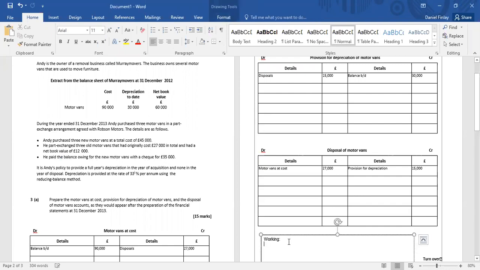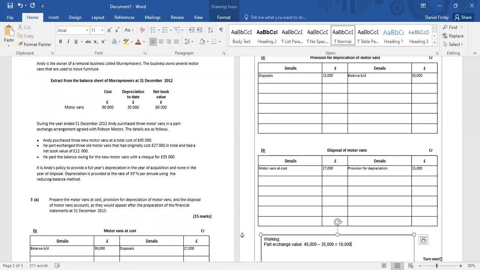Now I'm just going to put the working out here so you can see it. So the part exchange value, to work it out, well, the new vehicles are going to cost 45,000 and we still have to pay 35,000. So that means we got 10,000 part exchange. So my net book value was 12,000.